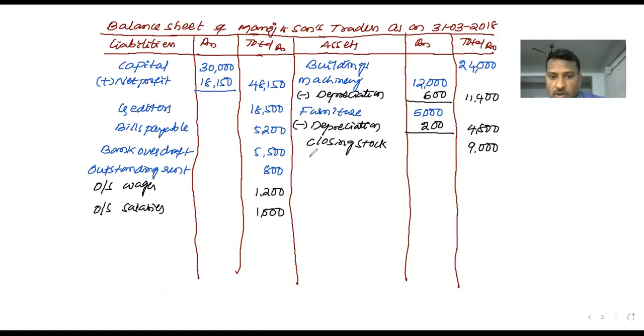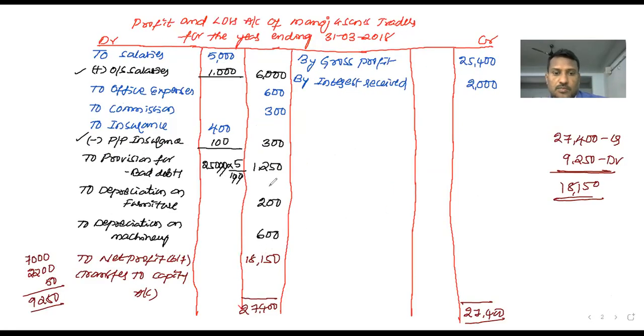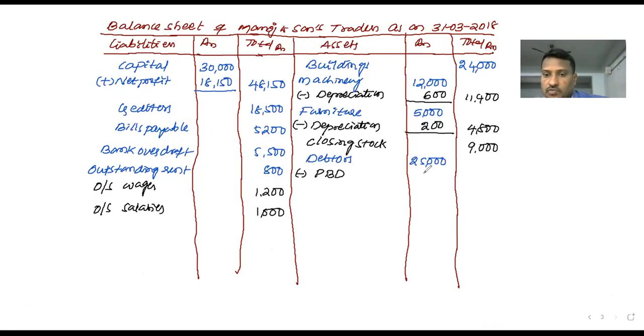Next, debtors 25,000 with an adjustment minus PBD. The full form of PBD is provision for bad debts. Already we calculated it in the profit and loss account. How much is it? 1,250. 25,000 minus 1,250, 23,750.